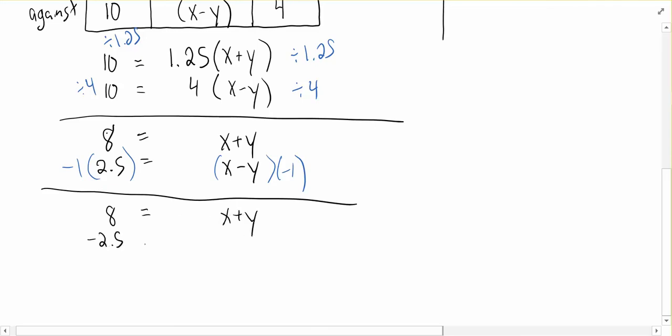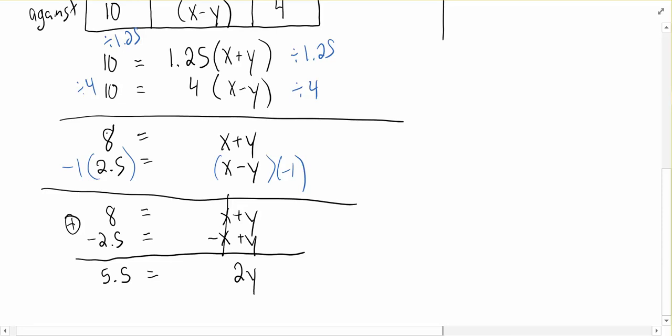That's going to get us -2.5 there. We're going to get -x and +y now. So that when I use the addition method, I'm going to get 5.5 equals x minus x is 0, but y plus y is 2y.